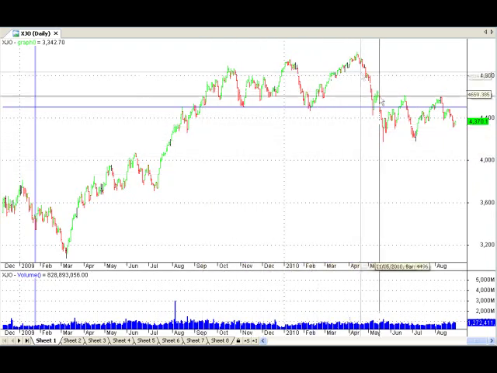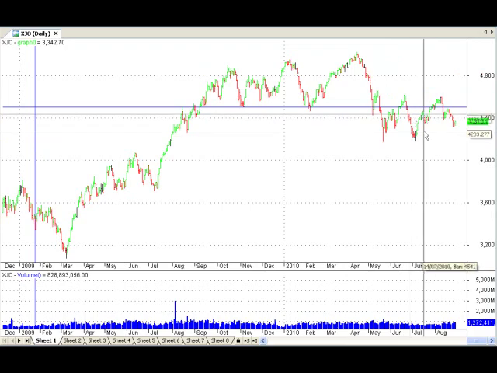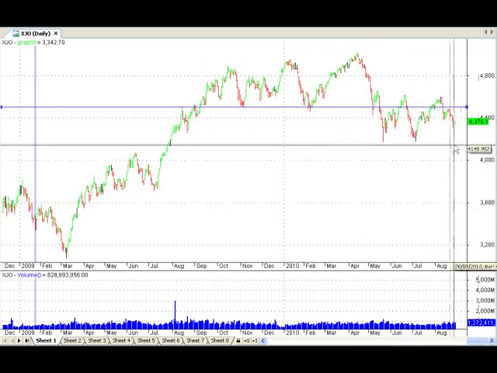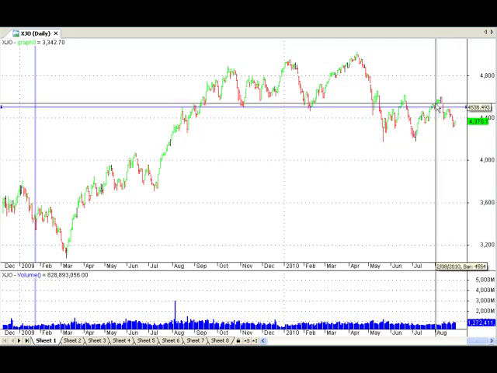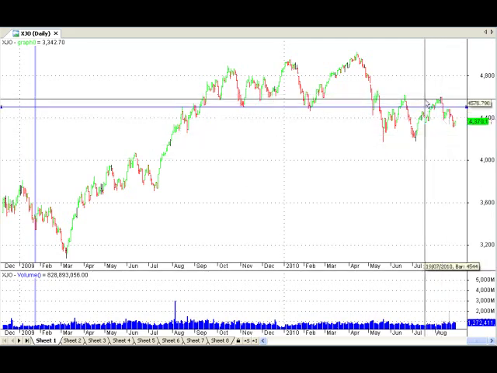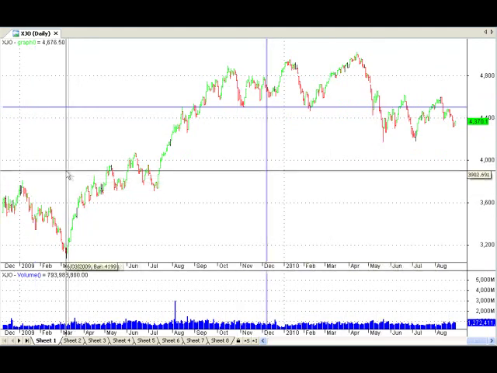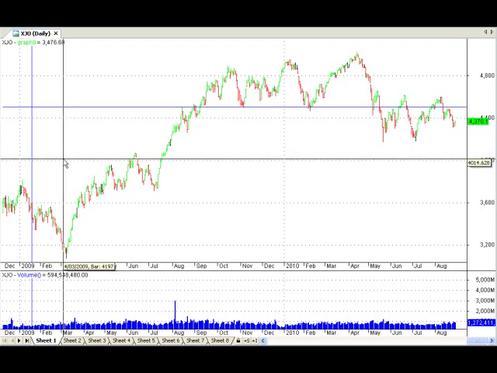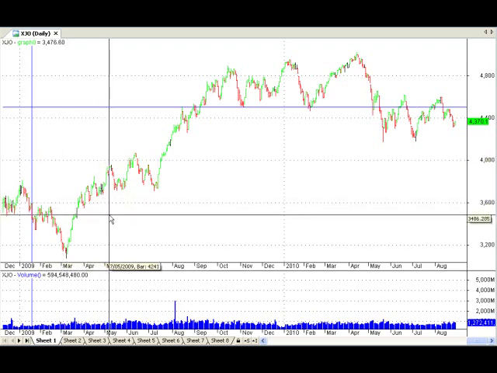Darvas found that when it broke out of this little box-like range, which is what we have, then the market would continue on, and it's a great place to set your entry and your stops. Your stops would be at the bottom or the top of the previous box, depending on which way you're trading. So, that's Darvas. Good old Darvas. He's awesome. 30, 40 years ago, still rocking the markets, seriously, but very simple stuff, guys.